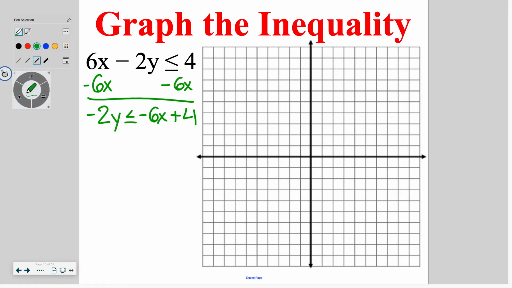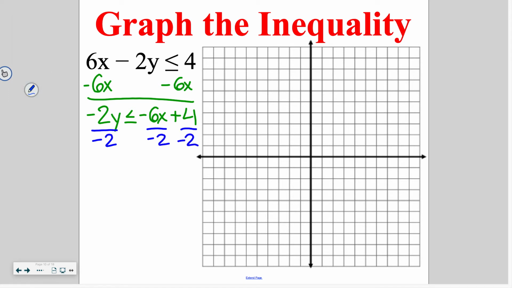Then I'm going to get rid of that negative 2 by dividing all 3 pieces by negative 2. Remember, if you multiply or divide by a negative, that inequality sign flips. That's something we need to remember from chapter 1. If we multiply or divide by a negative and we've got an inequality sign, we flip the inequality sign.